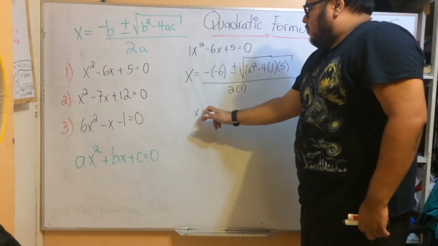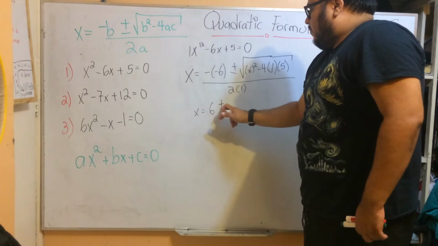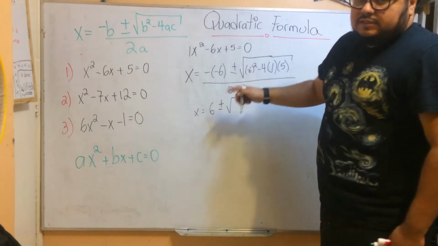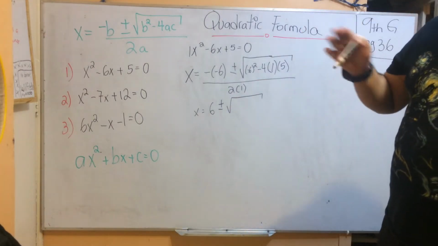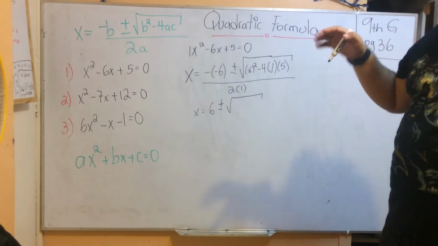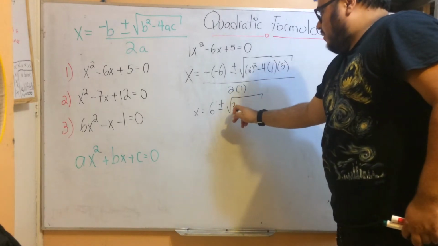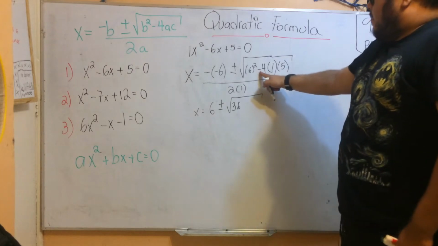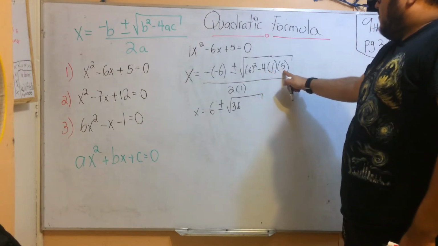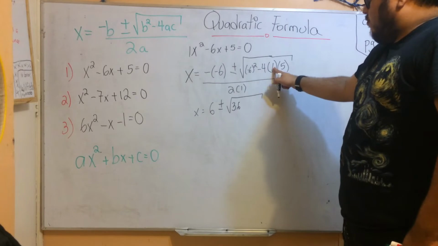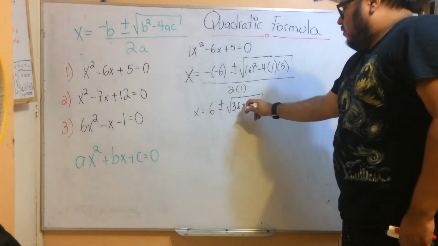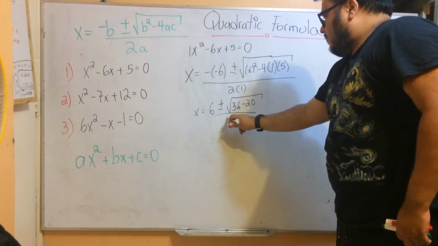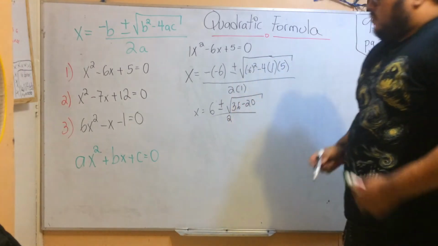Negative times negative is positive, so we have 6 plus minus. Inside the square root we have negative 6 squared, negative 6 times negative 6 is positive 36. Then we have minus 4 times 1 times 5. 4 times 1 is 4, times 5 is 20. And all of this divided by 2, because 2 times 1 is 2.